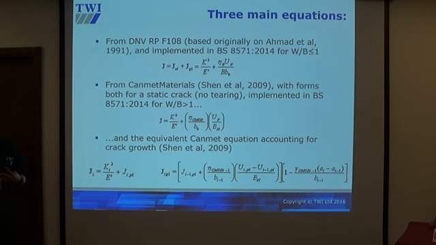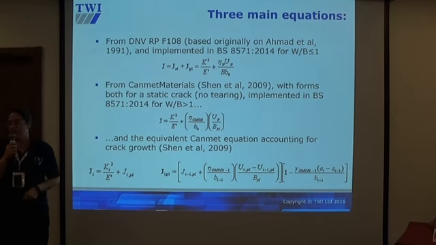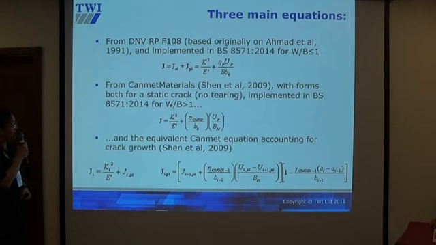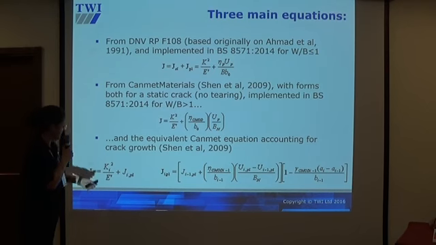But we wanted our standard to also be able to include rectangular dimension specimens, which the DNV specification didn't cover. So we also included for thicker specimens with W/B greater than 1, an equation for J from CanmetMATERIALS by Shen et al. in 2009. They originally gave a form for a growing crack. We simplified it to be the equivalent of the DNV one, and you'll notice that the forms are basically very similar.